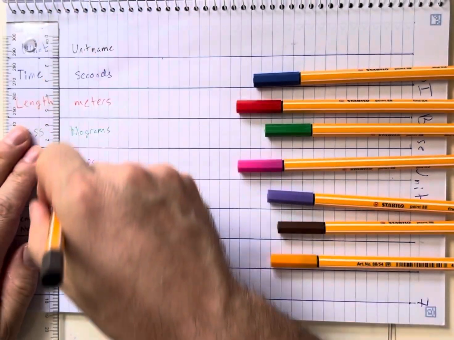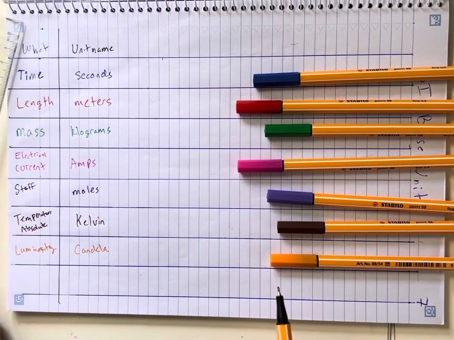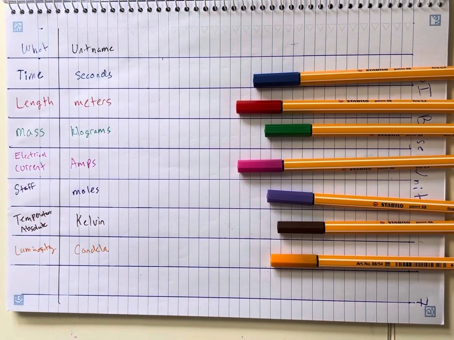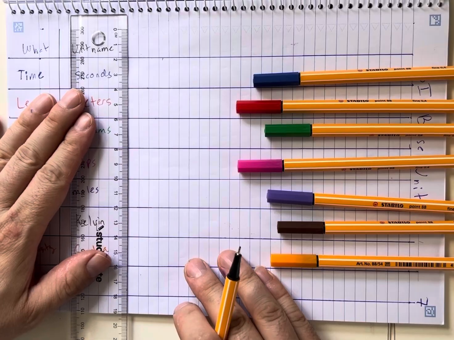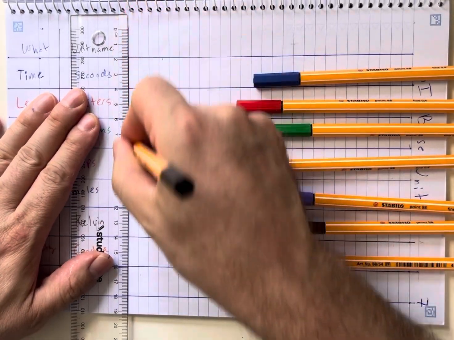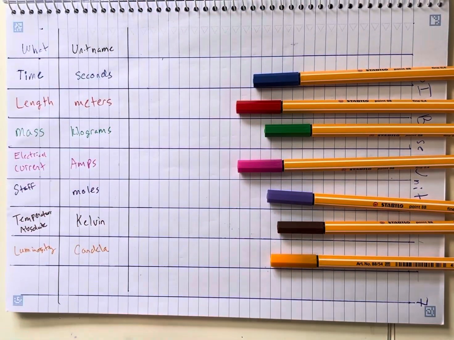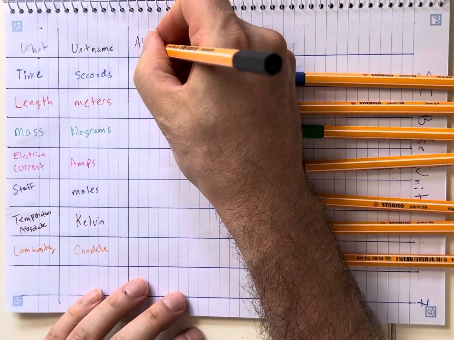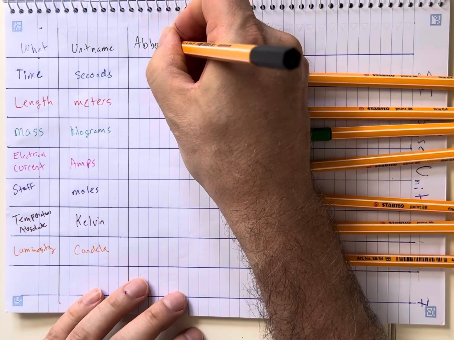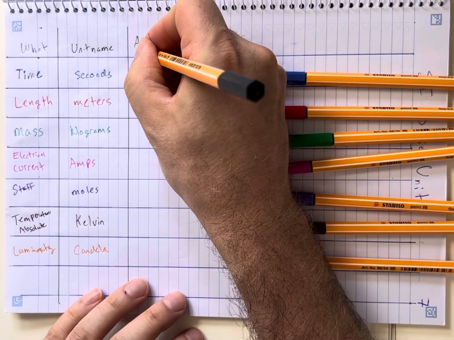So we're just going to go through here and divvy that up. So we've got our unit names, and then we've got our abbreviation. Or a symbol.